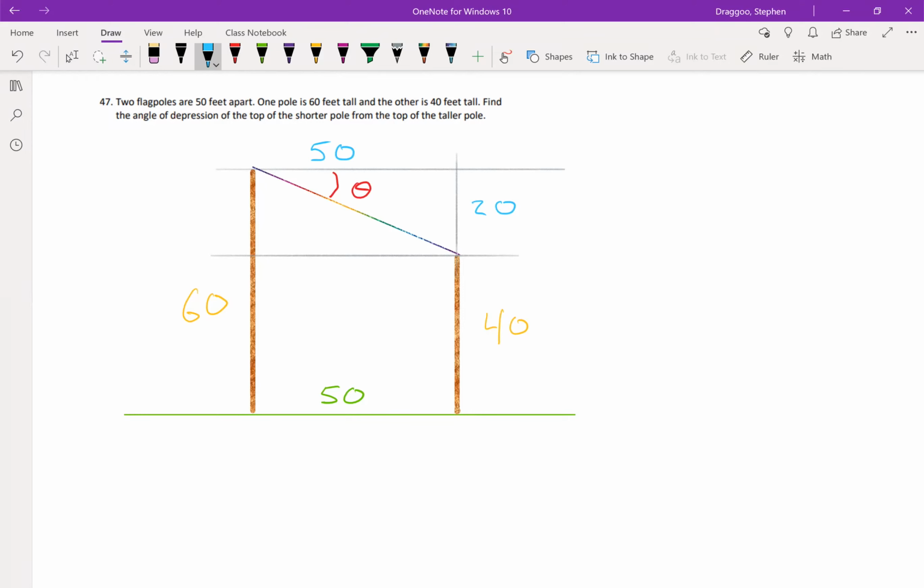So I now have a triangle that connects the top of the taller pole to the top of the shorter pole, and also has an opposite side and an adjacent side, since this is a right triangle. So I have an opposite side of 20 and an adjacent side of 50 based on how I labeled my angle of depression. So I should be able to use a trig function to relate all of those.